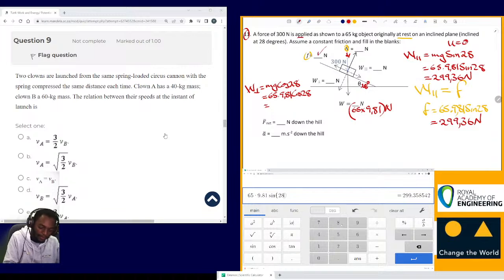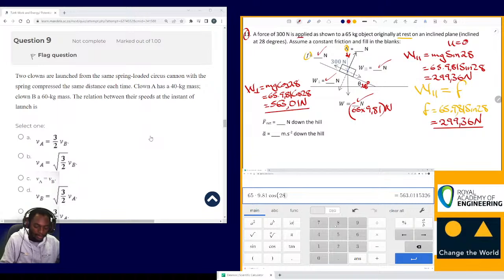So this one we've completed, and the component of the weight down the slope we've completed. Let's just punch in 65 cos 28. That's 563.01 newtons. So that is completed as well.